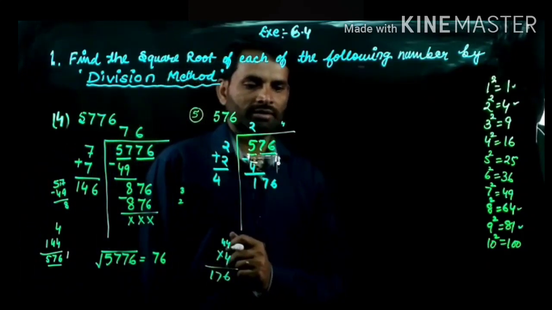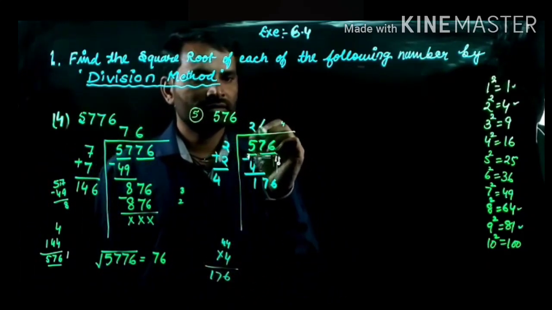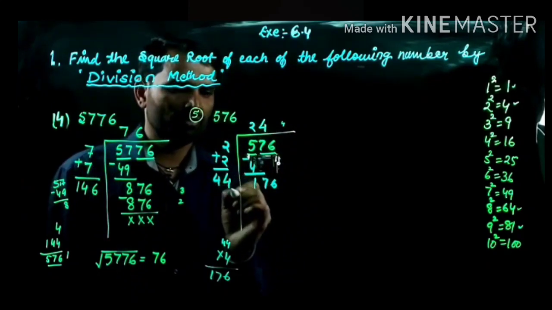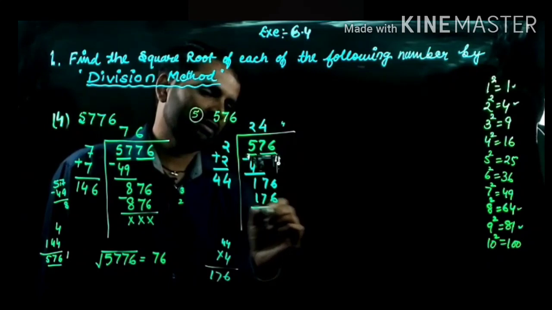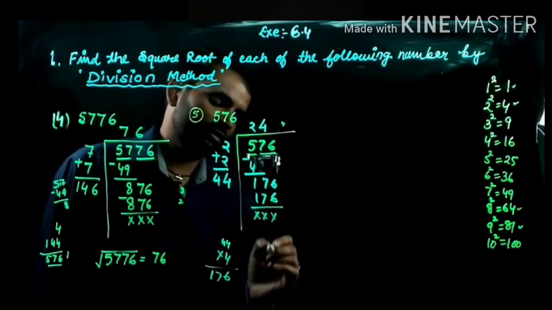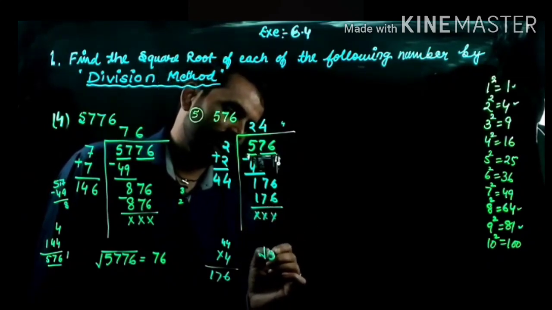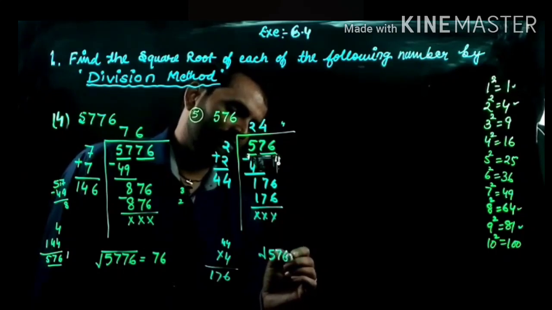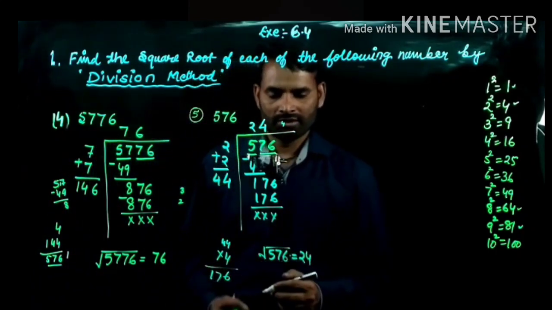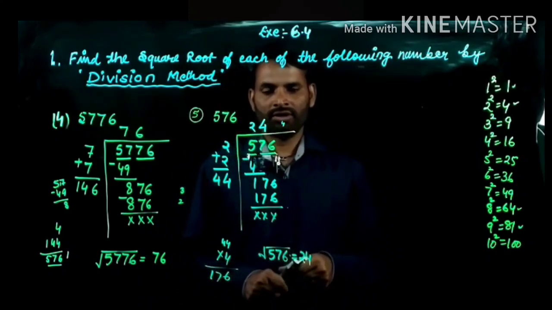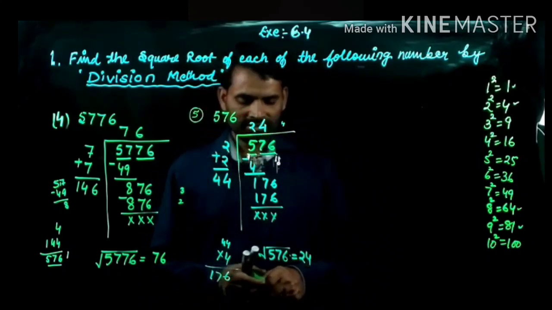So you write 4, 4 4 is 16, 1 4 4 is 16 and 17. It means your answer is correct: the root of 576 is equal to 24. The square of 24 is 576.